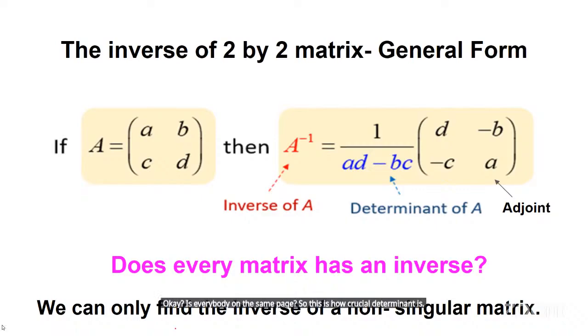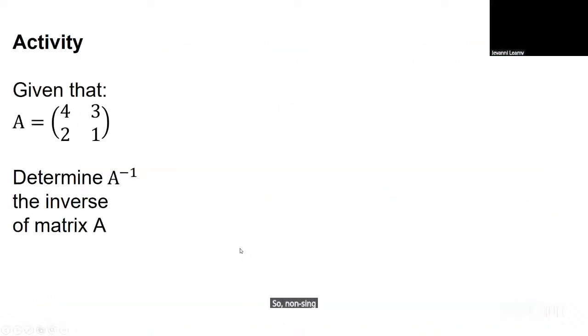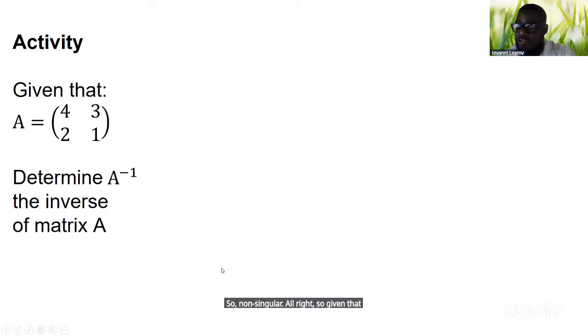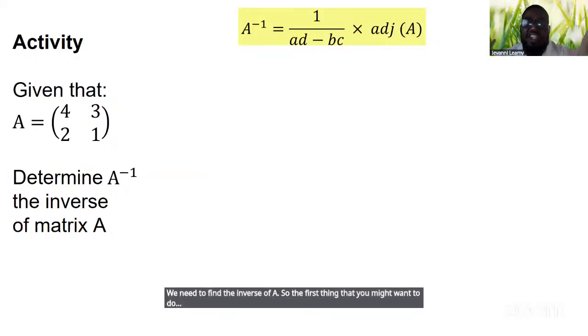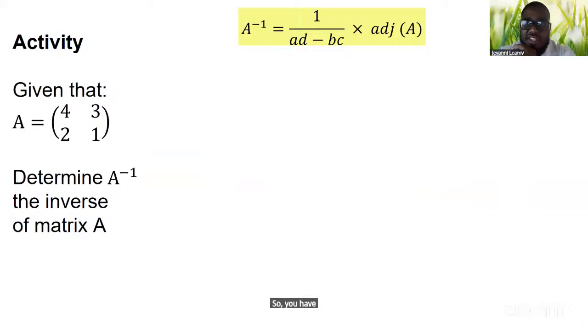Yes, sir. So non-singular. All right, so given that we have matrix A, 4, 3, 2, 1, we need to find the inverse of A. The first thing you might want to do is write down a little general form: the reciprocal of the determinant of A multiplied by the adjoint. What would be the value of the determinant of matrix A?